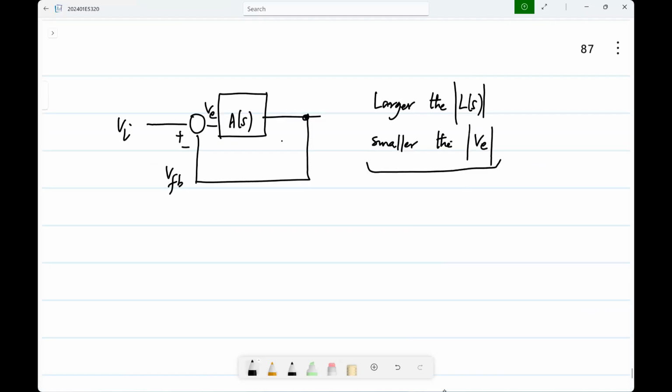So of course that means VI and VFB are closer to each other. This is related to many different things, including distortion. This A of S itself, made with transistors, will obviously be nonlinear. Now, if VE is smaller, it means that you are driving that nonlinearity with a smaller amplitude. So that means the nonlinear products will be substantially lower.